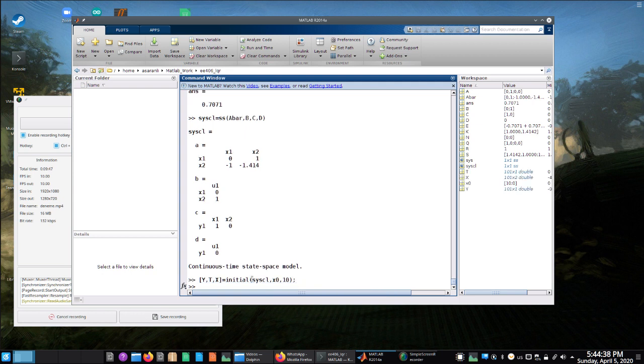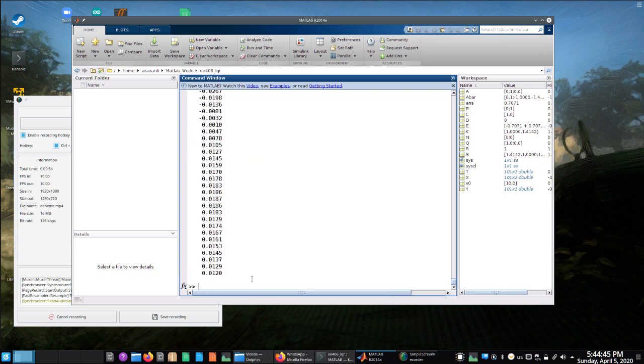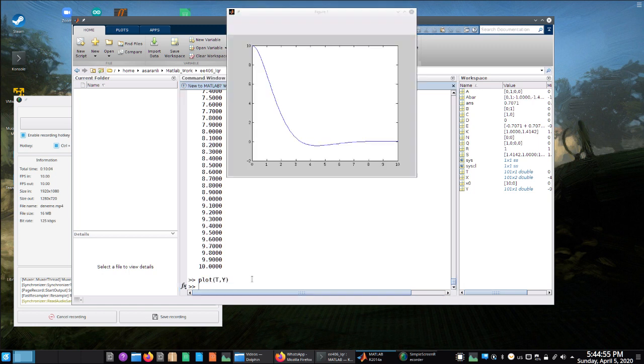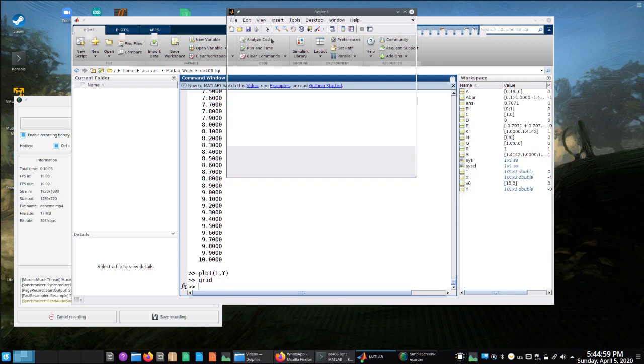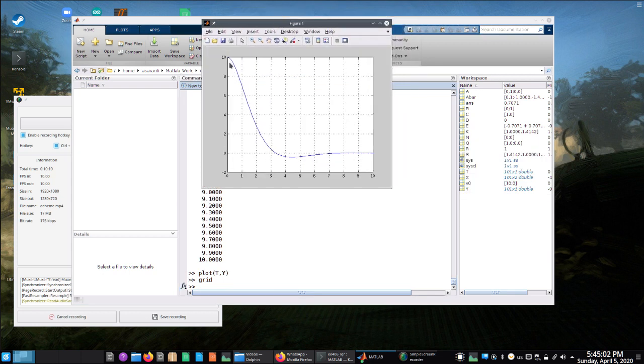So now we have our simulation. Y is the output, which is our initial state. Okay, if I wanted to plot y, by the way, t is our time variable here. So I can plot the output versus time, and you can see that the output starts from 10, and fairly quickly it converges to 0.